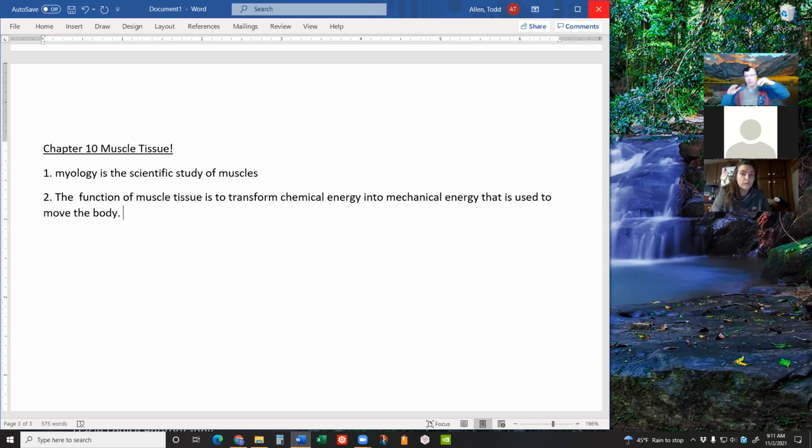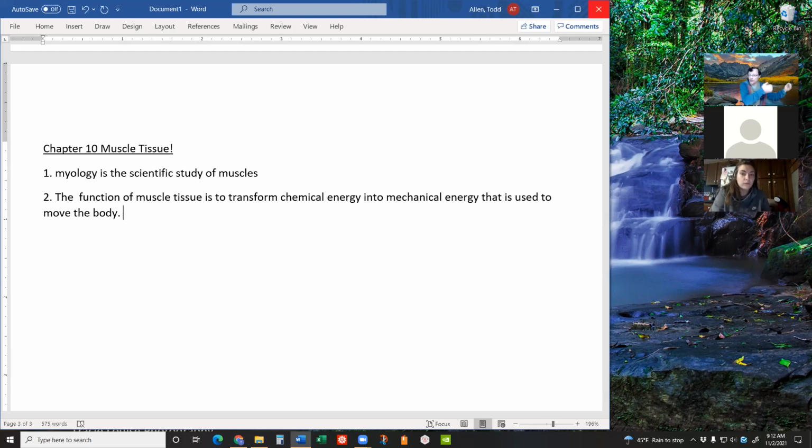Now, when we think about this, we just did a whole bunch of those weird little things, moving our legs and arms. We think about the mechanical motion of our skeleton, and that's a valid point because that's what skeletal muscle does, right? But we also have smooth muscle tissue that changes the chemical energy into mechanical energy to close off a urinary bladder sphincter so we don't pee ourselves, right?